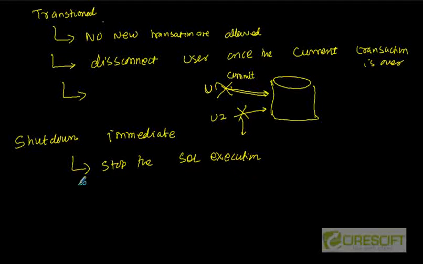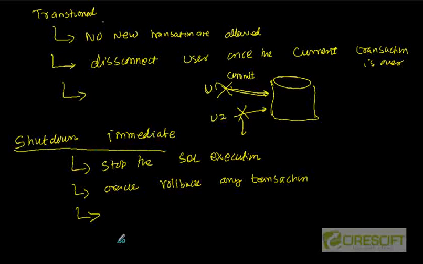So Oracle is going to roll back any transaction that is currently going on. And in shutdown immediate we also write from the buffer cache to the data files. Remember, in all these cases, shutdown immediate, transactional, or normal, we always flush the memory to the data files. So that is shutdown immediate.